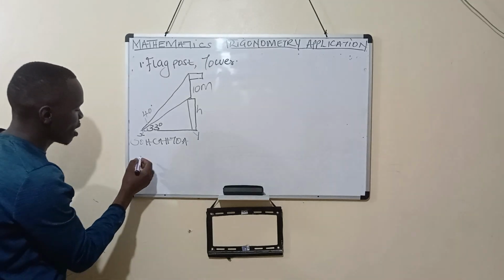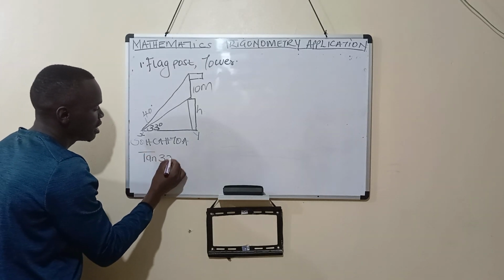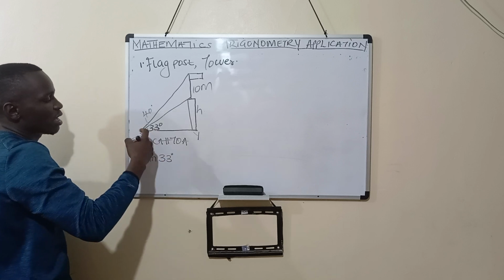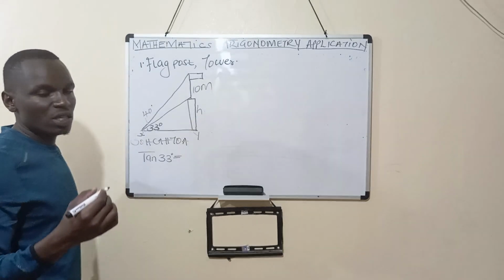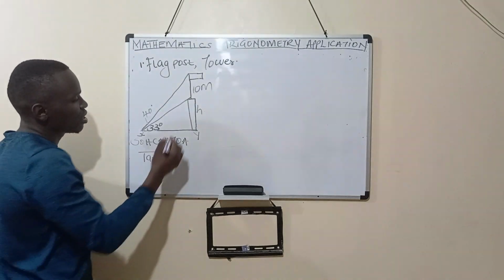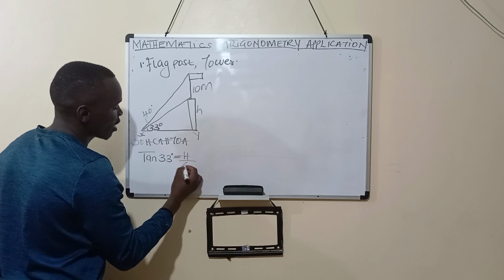So if we talk about tan 33 degrees, we know that tan is given by opposite over adjacent. In this case, the opposite is height and the adjacent is xy.